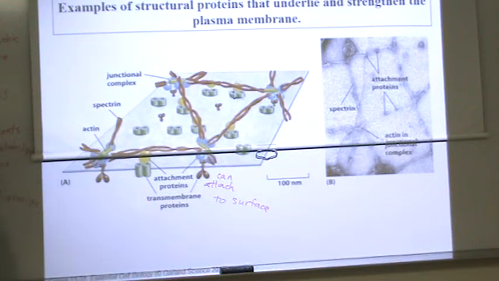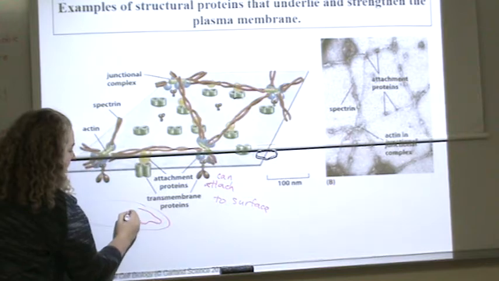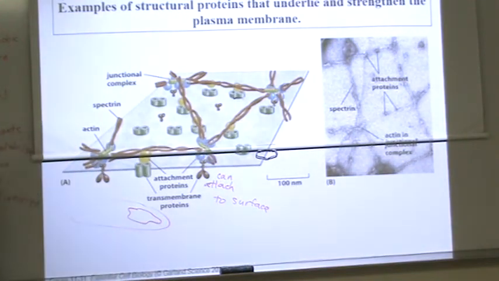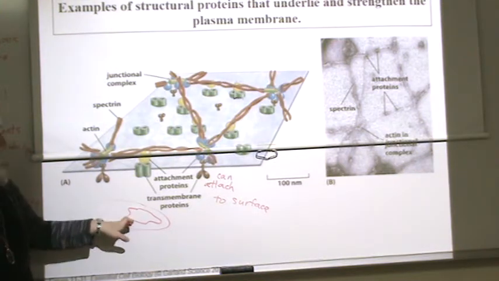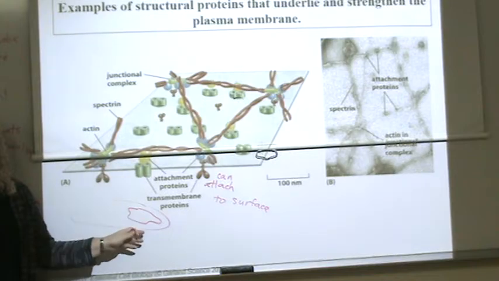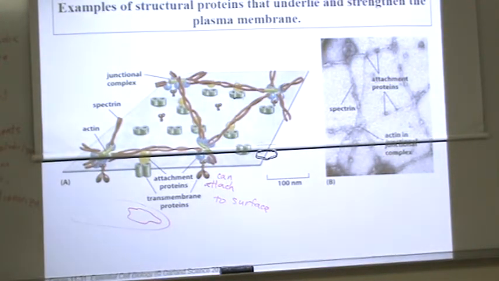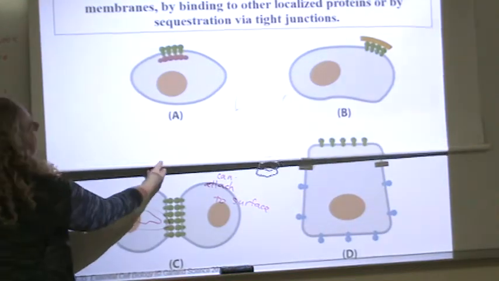Are any of you using a paper that has like tissue culture stuff? Okay. Tissue culture cells, when they grow on the surface of a plate, they spread out and they attach to the surface. When they're sick or they're damaged, they lose their attachment and they round up. And that kind of assay is a way to determine health of cells. They can't maintain their attachment.